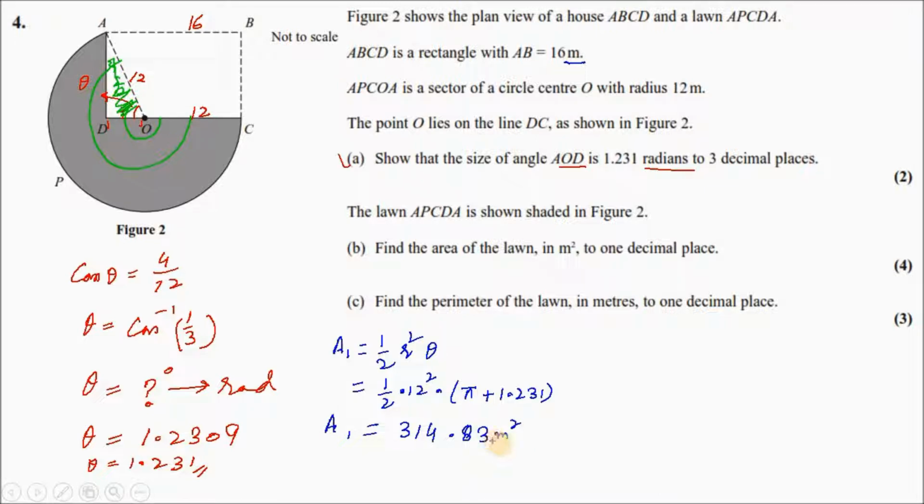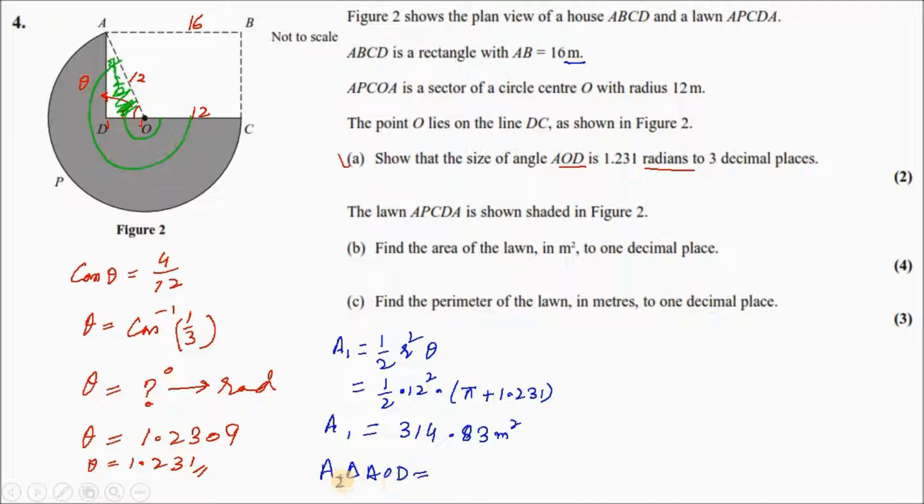And then finally, the required shaded region is the area of the sector minus the area of this triangle, the green one. So now you can say the area of triangle A2, area of triangle AOD.